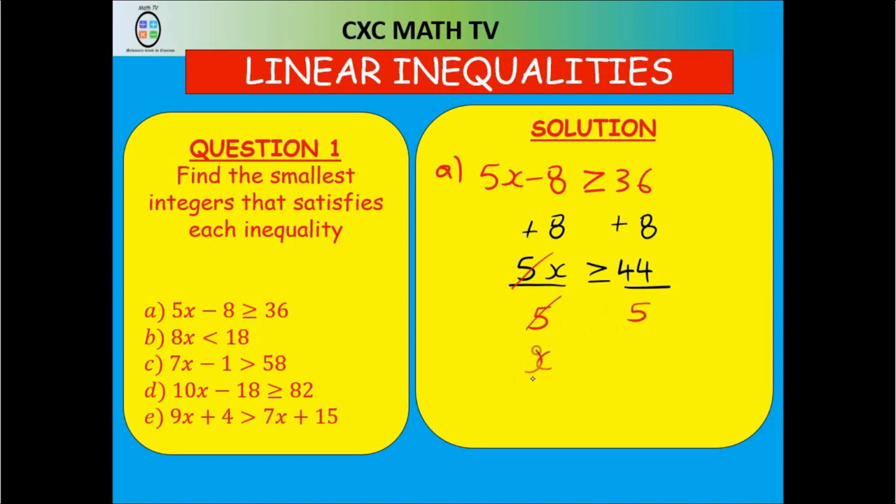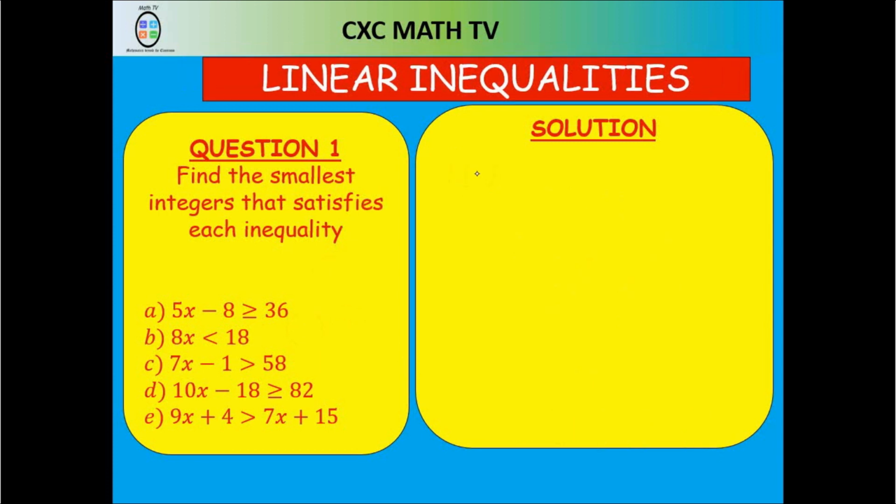We get x is greater than or equal to 44 over 5. 5 into 44 goes 8 times with remainder 4 over 5, so x is greater than or equal to 8.8 for part A.